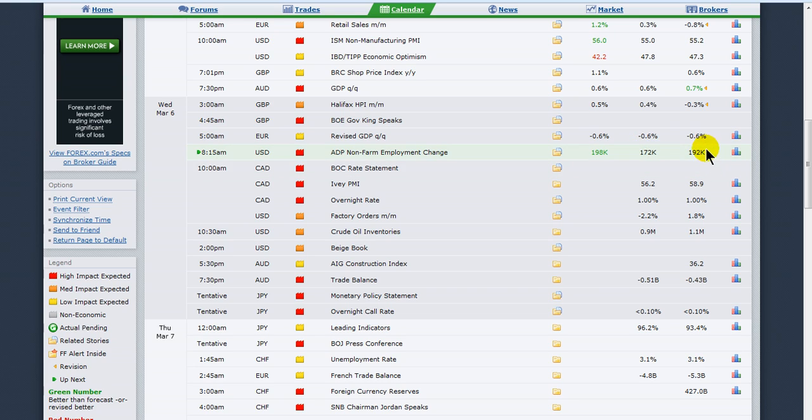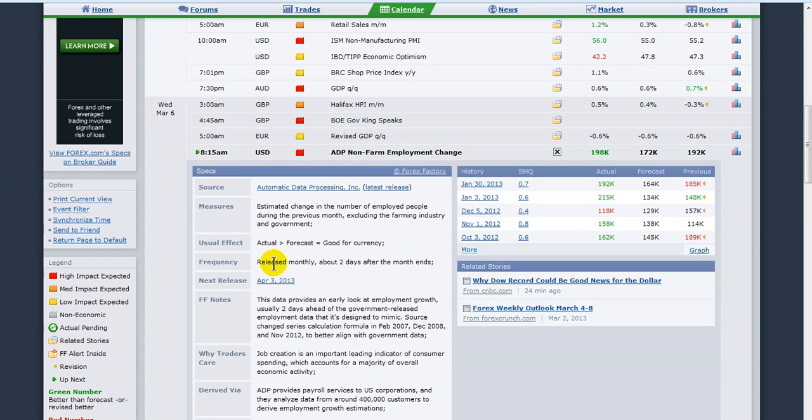In fact, we went above the previous, 192. So we exceeded. Very bullish for the US economy right now. You see here, actual figure superior to the forecast, equal good for currency.